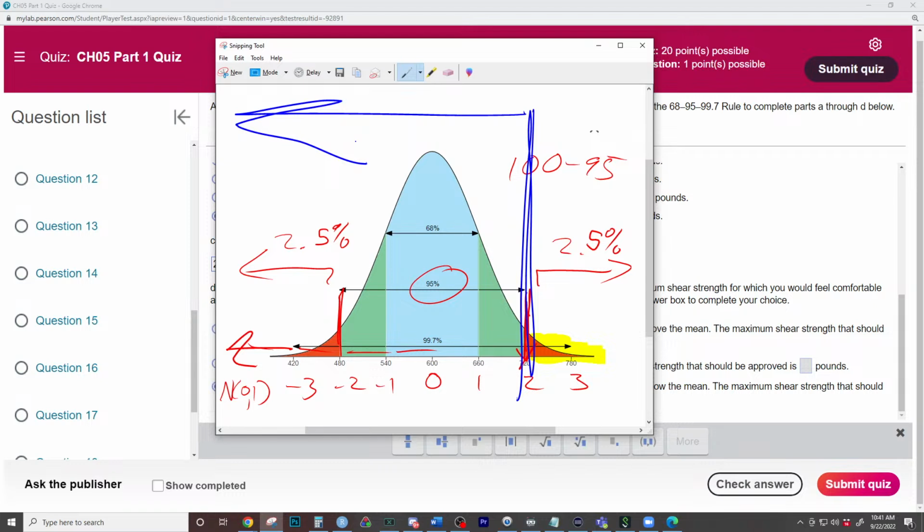It's not 2.5. The answer to the previous one is not 2.5. I need more coffee this morning. We don't want that area. We want this area. So we don't want the 2.5. What do we want?